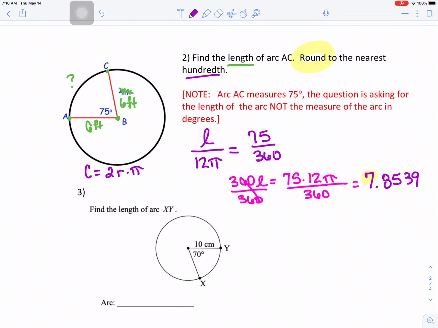To the nearest hundredth, that's approximately 7.85 feet. So we know, because the angle is 75, that A and C are more than 6 feet apart. Okay, that's how you calculate the length of an arc.